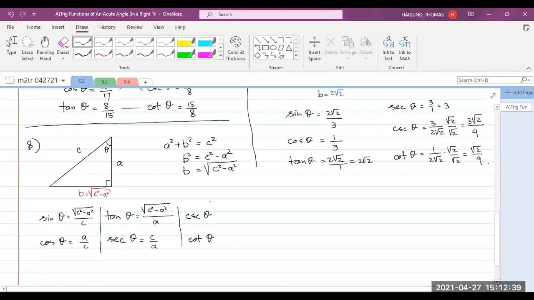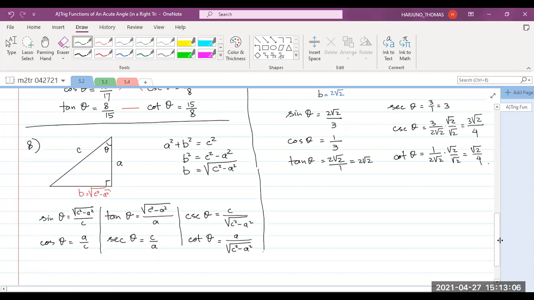Cosecant theta is the reciprocal of sine. And cotangent theta is the reciprocal of tangent. Okay, in fact, you basically see this formula in the general form.